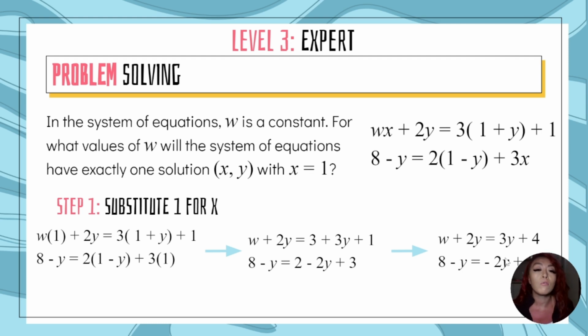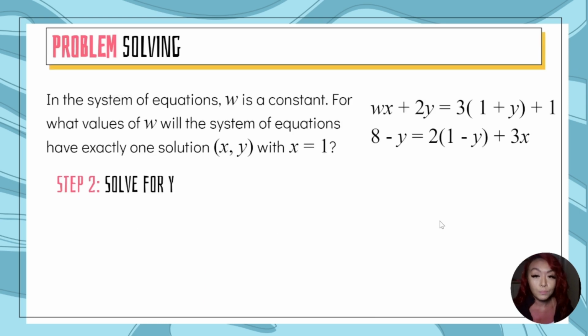So now we've gotten rid of x, right? And we can solve for y. So here's the system that we're working with now, after we substituted 1 for x. Again, we have w plus 2y equals 3y plus 4, and 8 minus y equals negative 2y plus 5.